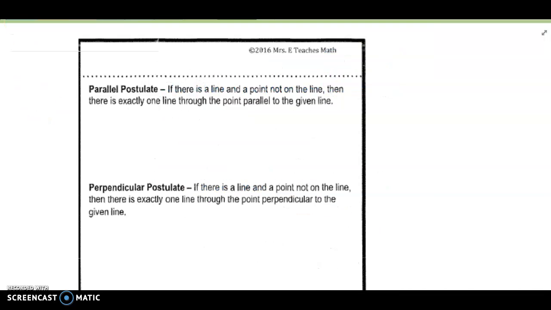All right, guys, here's a couple postulates. Now, we're not going to use these a whole bunch like we use some of the other ones, but our book does mention it, so we need to mention it here too. So the parallel postulate tells us if there is a line, so we have this line here, and a point not on the line, then there is exactly one line through the point that's parallel to the given line.